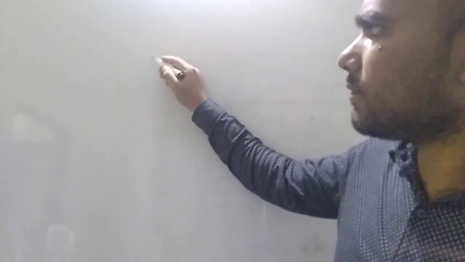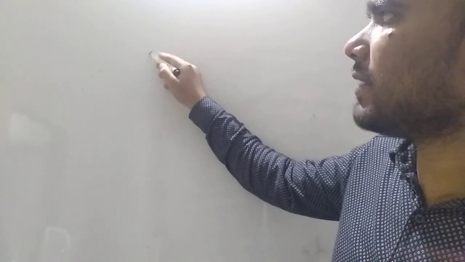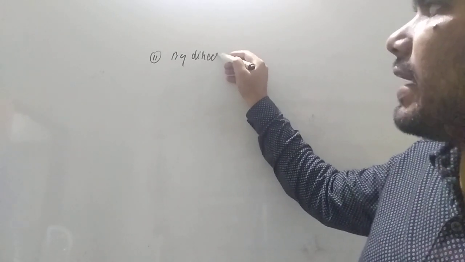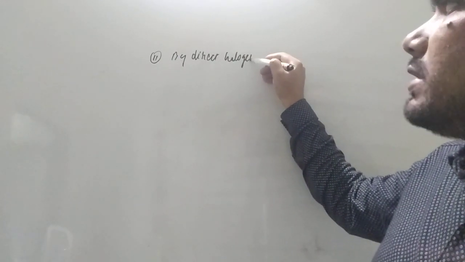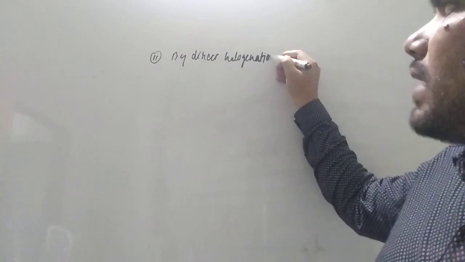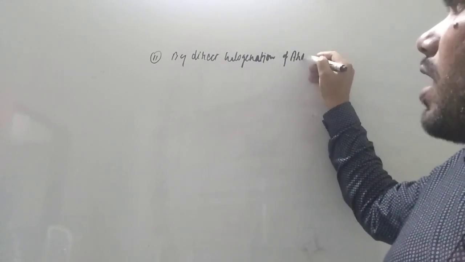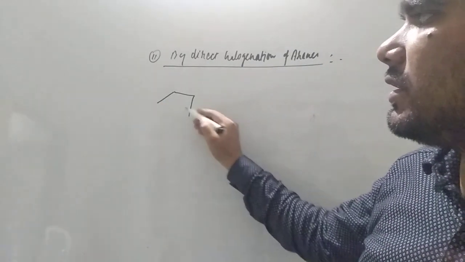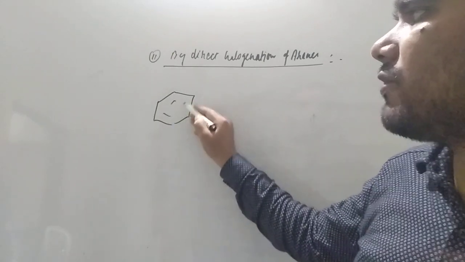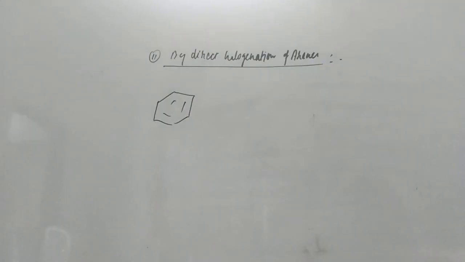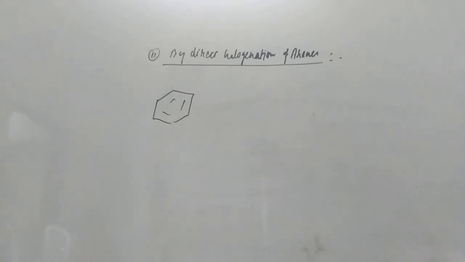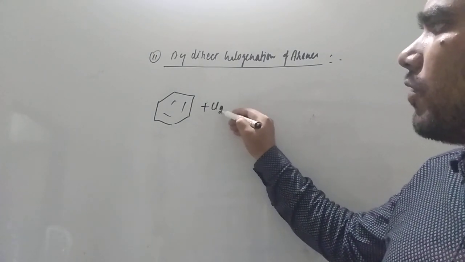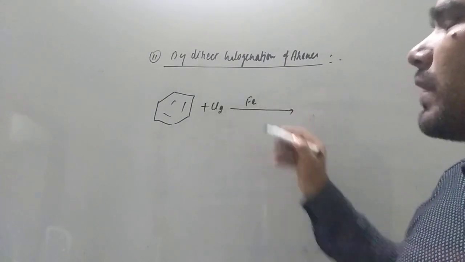The second method is direct halogenation of arenes. How can you do the direct halogenation of arenes? Suppose we have the benzene ring. Take the benzene ring and directly treat it with chlorine, heating with chlorine in the presence of a metal catalyst.